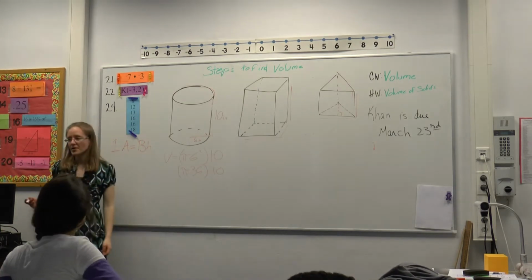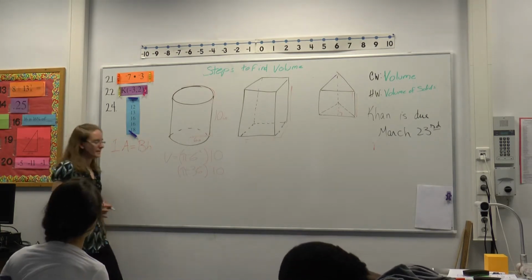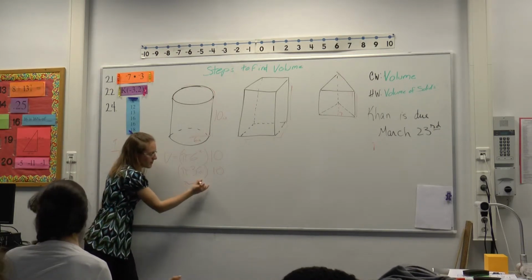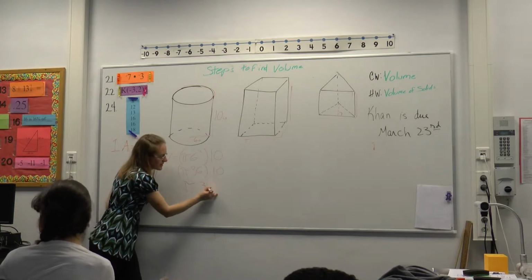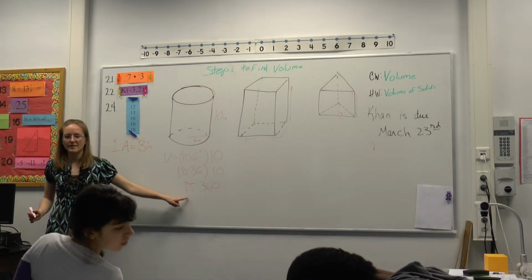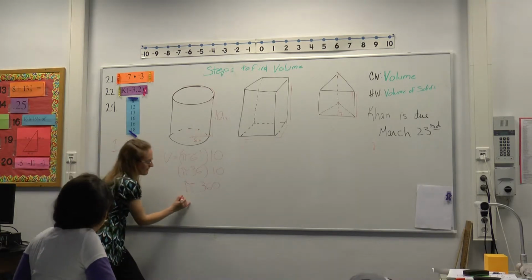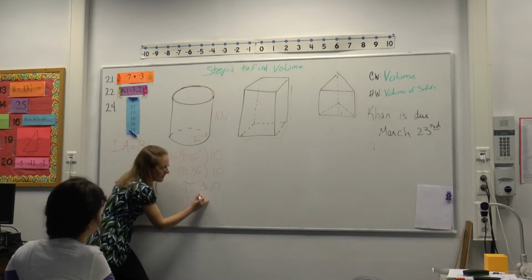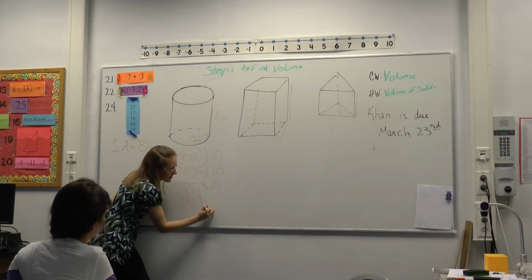It doesn't matter which order you do it in because of the commutative property. So pi times 360. Then plug it into your calculator. What do you have as the answer? 1,130.4. Can you say that again, Riley? 1,130.4.